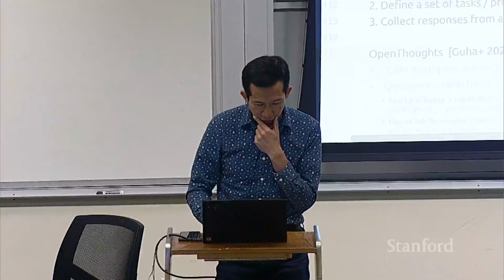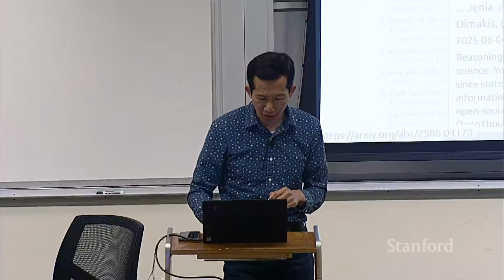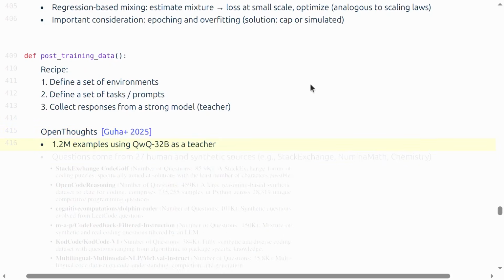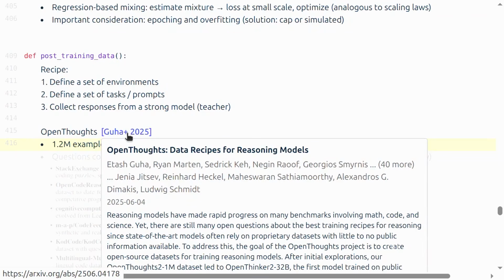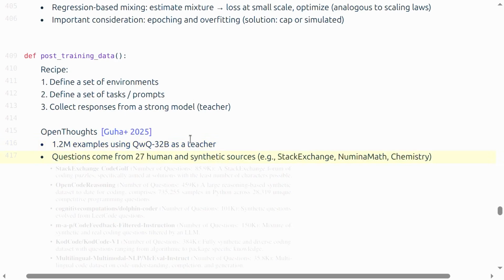Okay, I'm just going to talk about a few works here. One is called Open Thoughts. This came around when O1 came out, and there was a lot of attention on reasoning, mostly for math and science. How do we get really good post-training datasets for this? They eventually came out with 1.2 million examples using a teacher model.